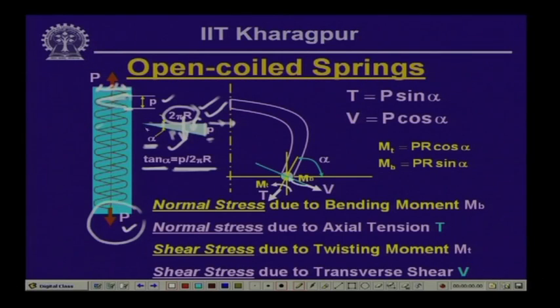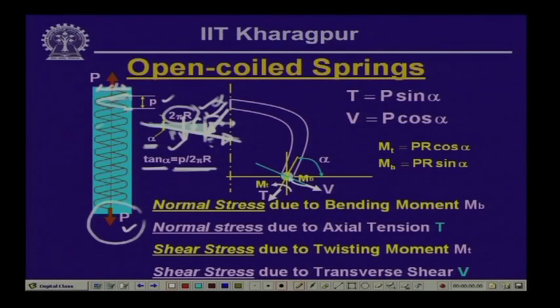Now, because of the inclined plane, if we resolve these forces along and perpendicular to the axis of the spring wire, what do we get? The force acts in the vertical direction, and perpendicular to the axis it makes an angle alpha. So we get the component p cos alpha, and along the axis p sin alpha.